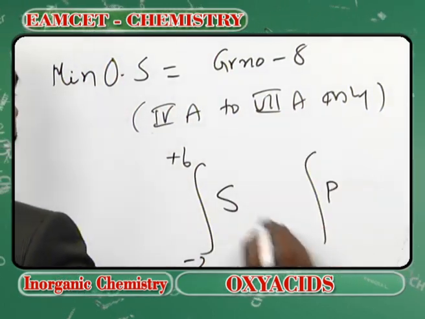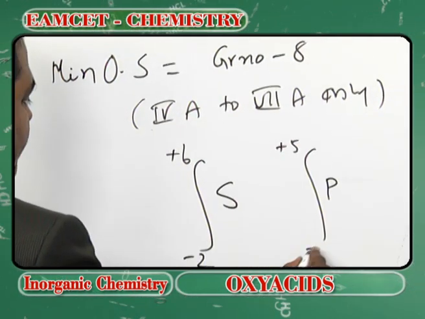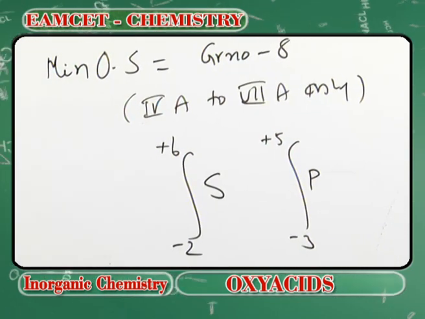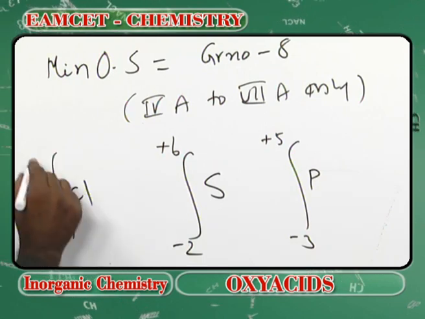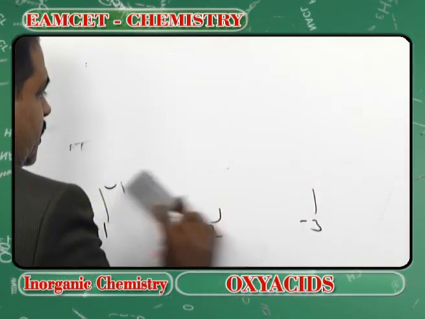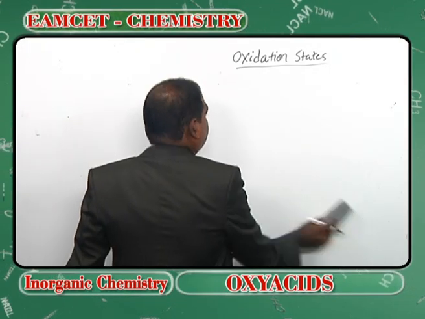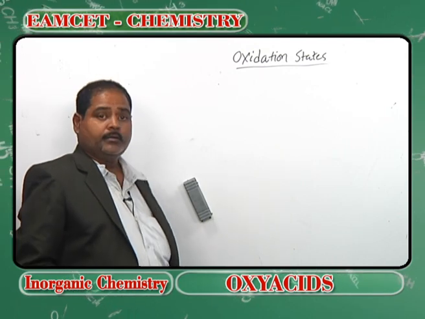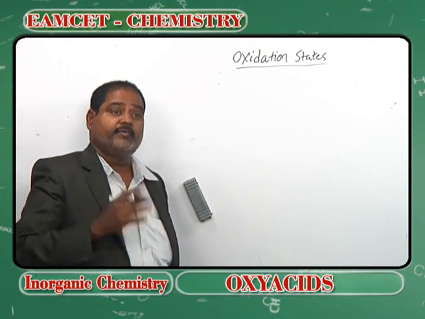Phosphorus, 5th group, maximum plus 5, minimum minus 3. So, what is the rule? Group number minus 8. Chlorine, 7th group, plus 7, minimum minus 1. There are very interesting uses of oxidation states, which I will tell you a little later. Oxidation states are very, very, very important.